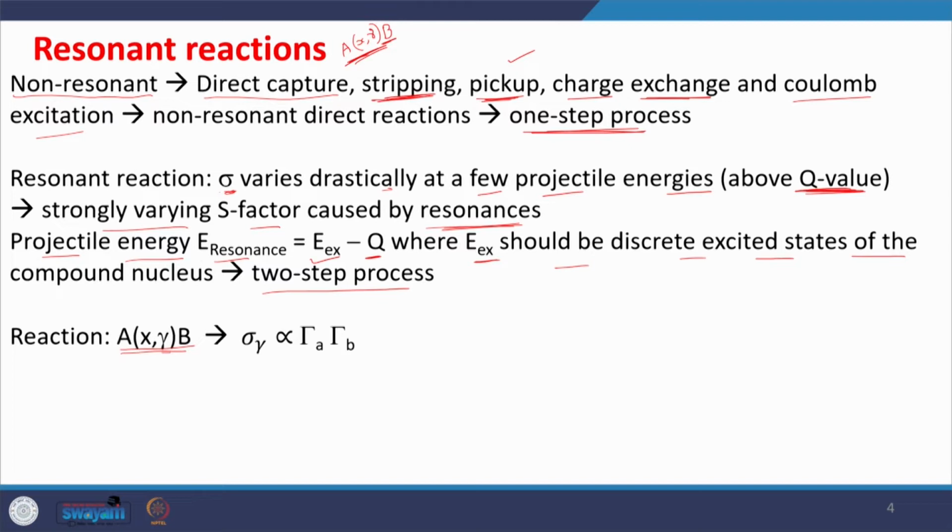In this case, we can say that sigma gamma, which deals with the gamma emission from the nuclear reaction, is proportional to two matrix elements. If you remember, sigma gamma can be written as two matrix factors. In the first one, the final nucleus is formed, with H gamma, and E_X is the excited state in the compound nucleus.